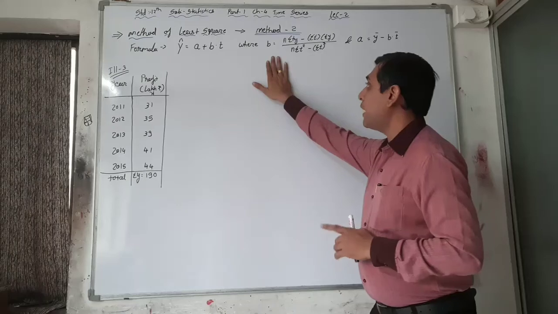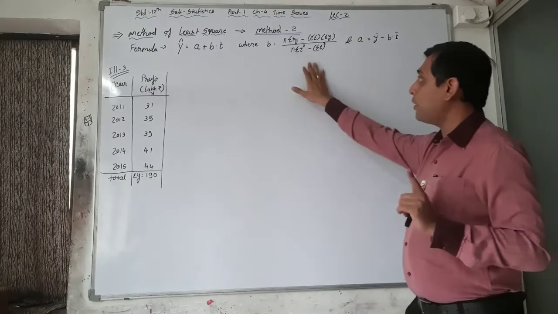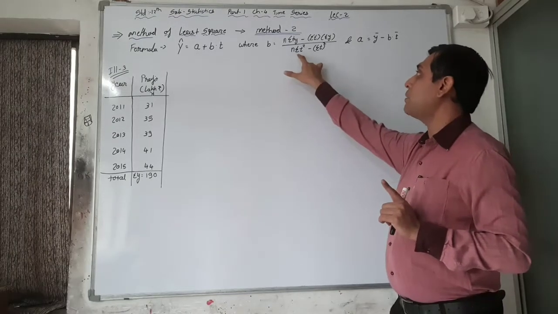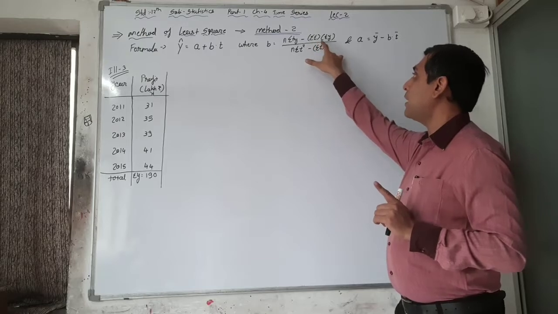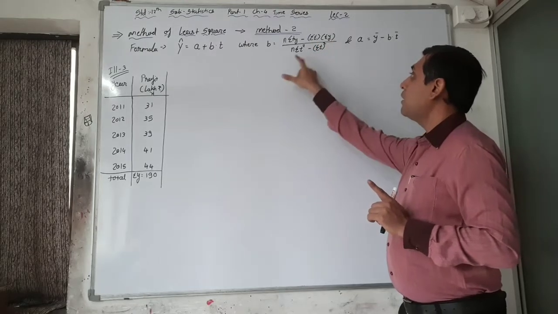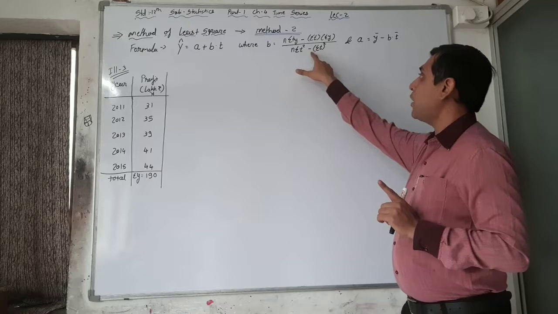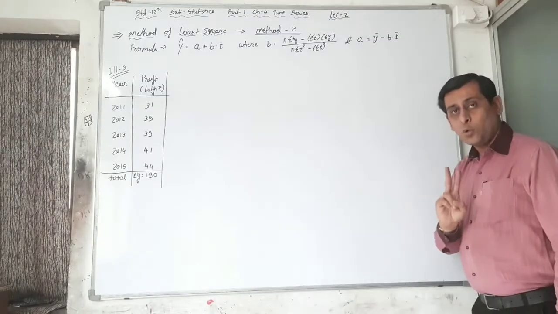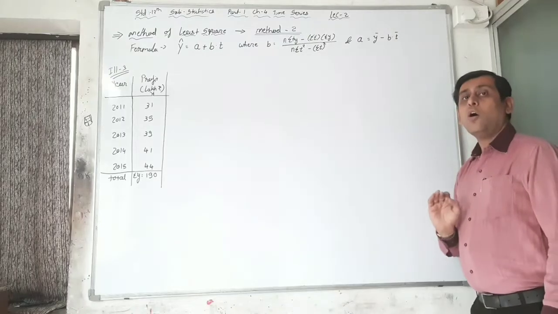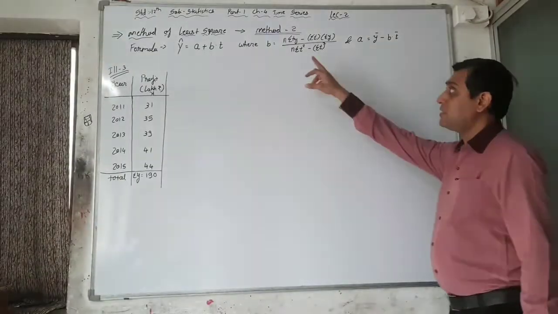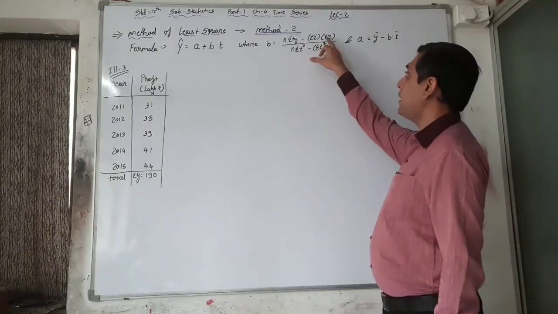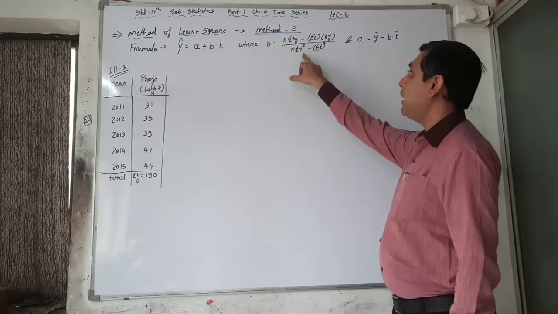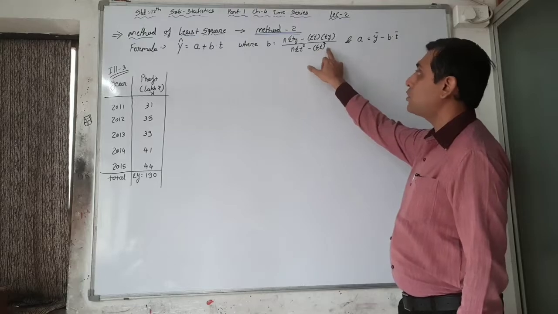That's why the method is also one, that is b is equal to n sigma yt minus sigma t into sigma y upon n sigma t square minus sigma t whole square. It is just like method number 2, that is the direct method of chapter number 3, where it is n sigma xy minus sigma x sigma y upon n sigma x square minus sigma x whole square.